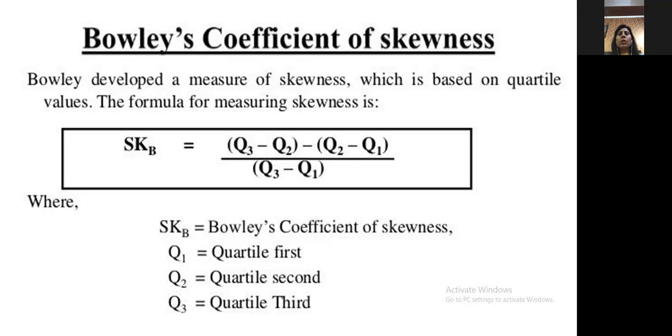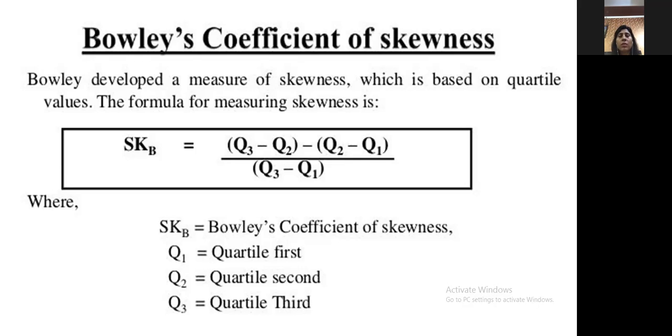The formula used for SKB is equal to bracket Q3 minus Q2 bracket minus bracket Q2 minus Q1, divided by the difference of the third quartile and the first quartile. Firstly, we calculate the difference of the third quartile and the second quartile, and then the difference of the second and first quartile, and we divide by the difference of the third quartile and first quartile in order to calculate the value of Bowley's coefficient of skewness.